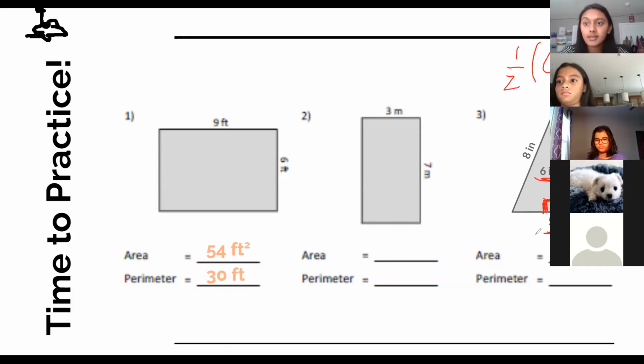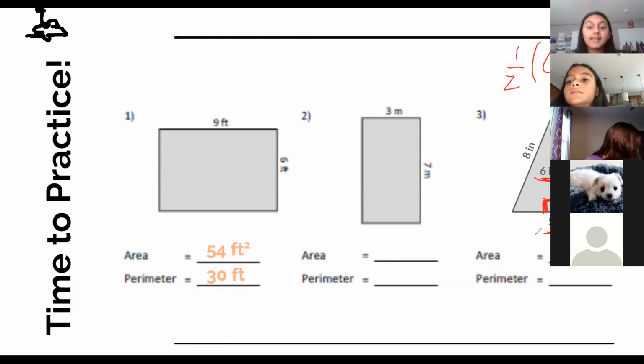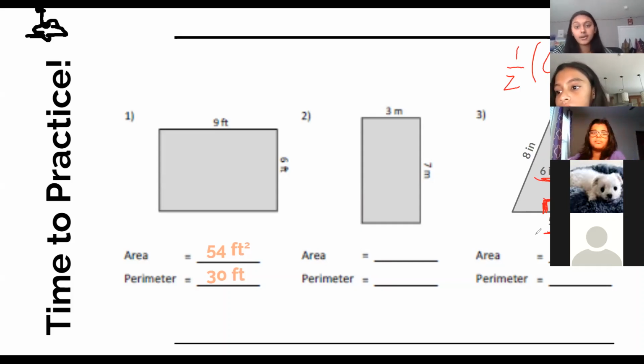Yeah, so 3 times 5 is then? 15. Yeah, so our area is 15. 15 what? 15 square inches. Yeah, 15 inches squared. You can say square inches or inches squared. They're the same thing.